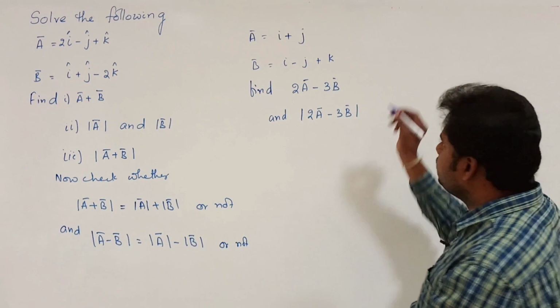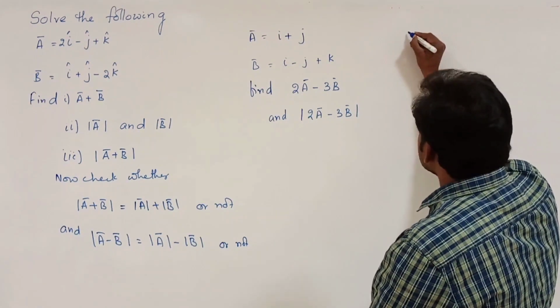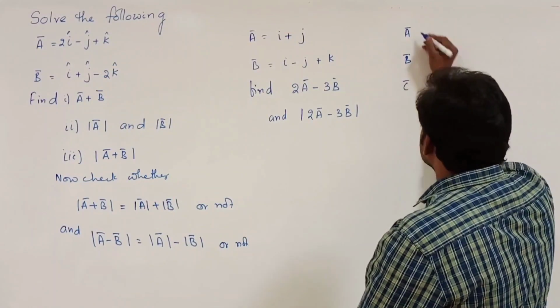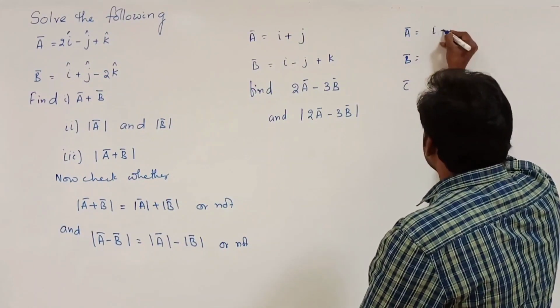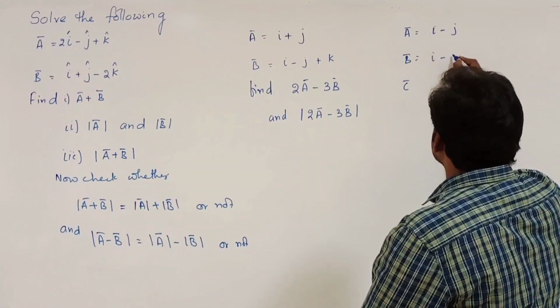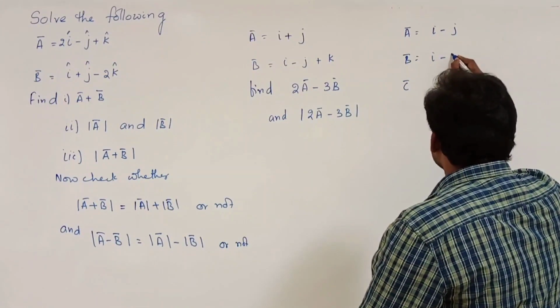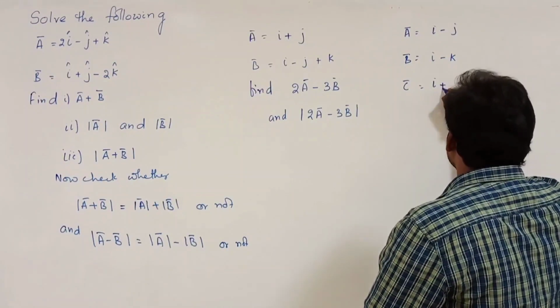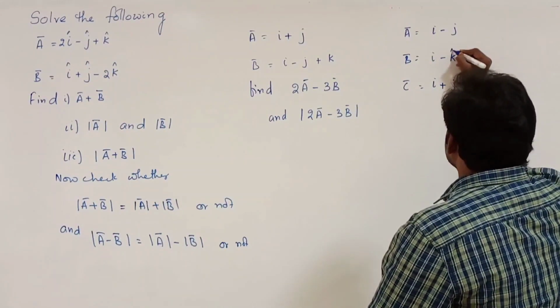And the third one: vector A, vector B, vector C. They are i minus j, i plus i minus k, i minus i plus j.